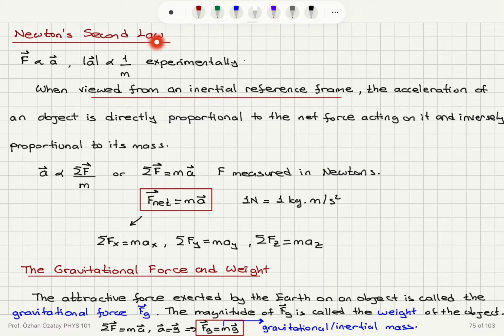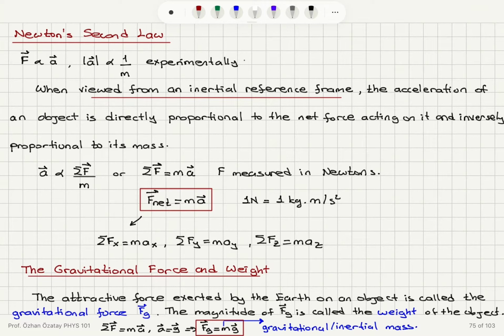Now, Newton's second law. Now let's have a net force acting on the object. So this states that the acceleration that is caused by the force will increase as the force increases, and under a constant force, the magnitude of the acceleration is proportional to 1 over m. That's an experimental fact.